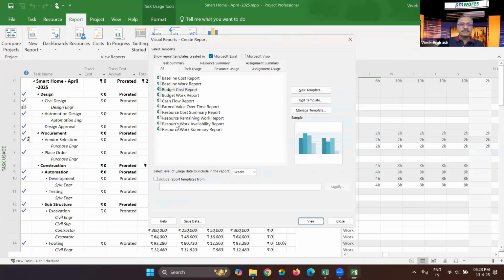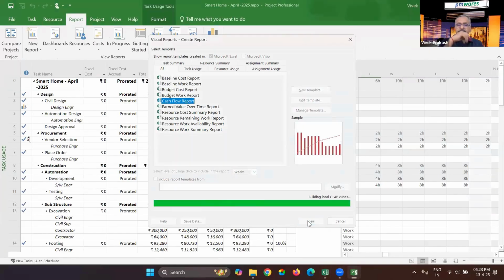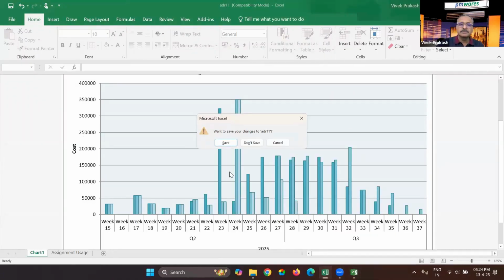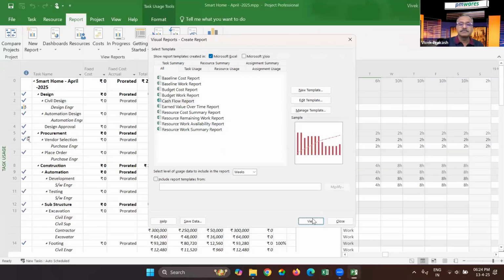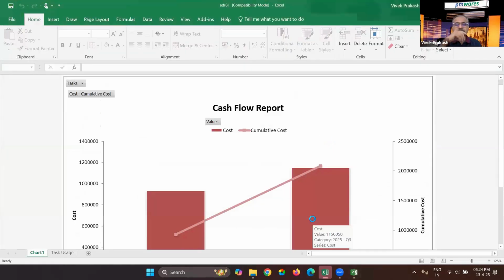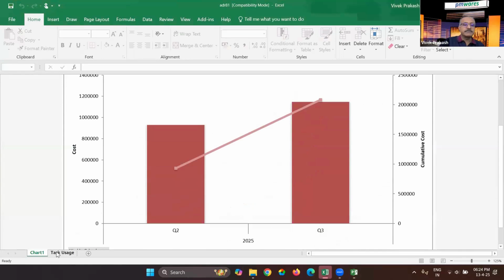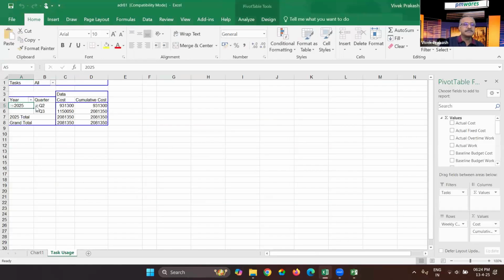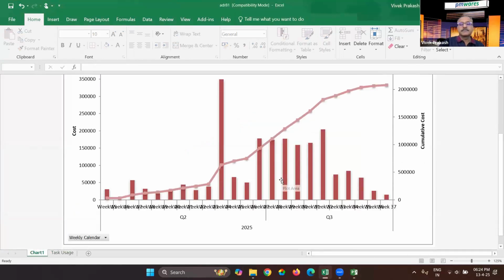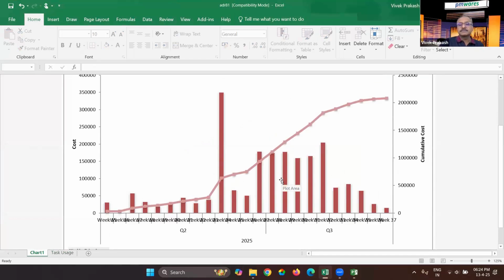Let's go and look at the cash flow. Look at this. I will make it weekly. You see this?